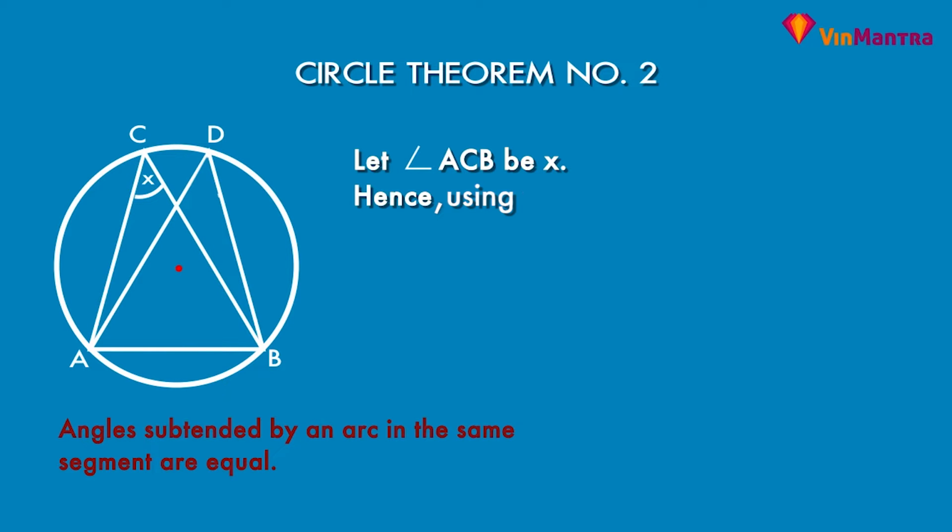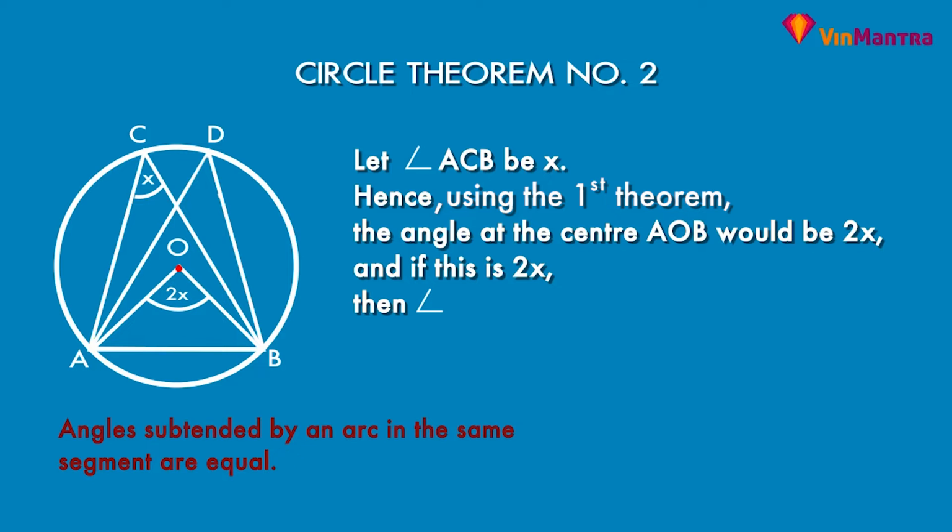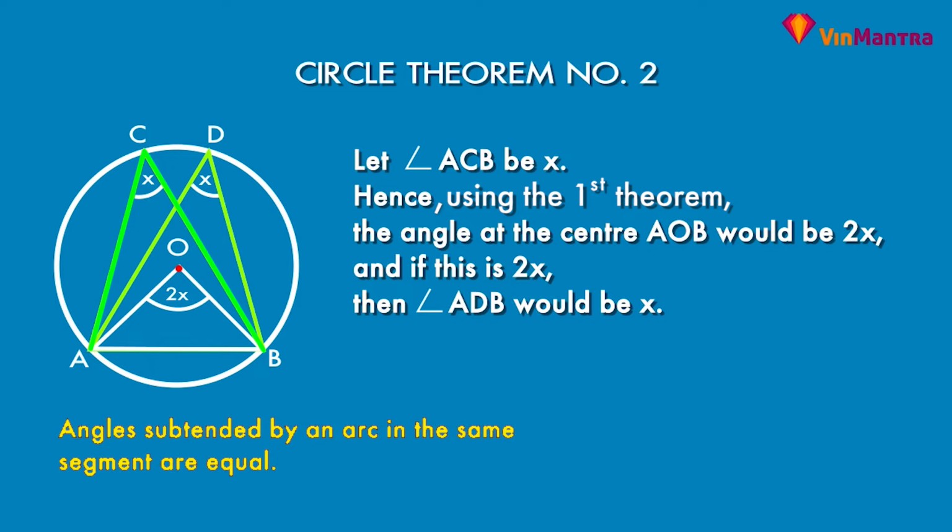Hence, using the first theorem, the angle at the center AOB would be 2x. And if this is 2x, then angle ADB would be x. Hence, it is proved that angles in the same segment are equal.